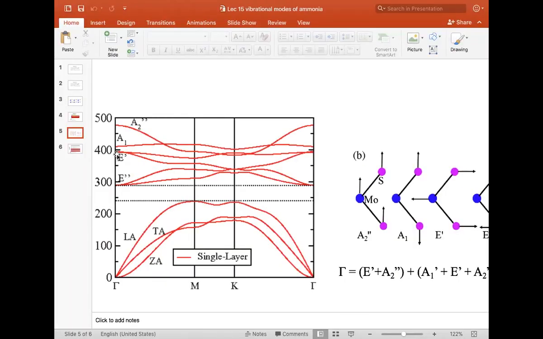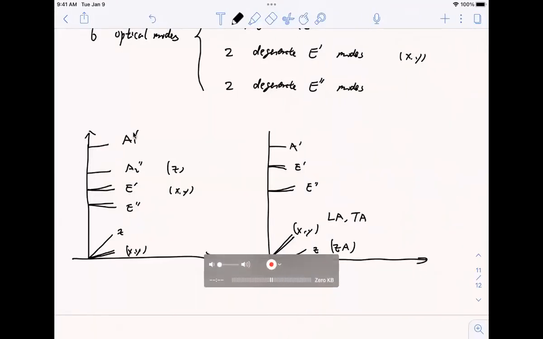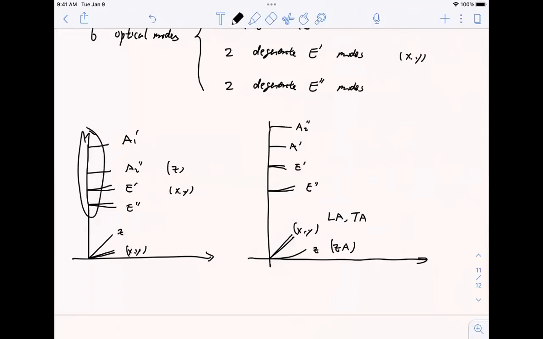And then when you go up, you have A1 prime and A2 double prime. Okay, I got it wrong: the relative position is incorrect. But group theory never tells you the relative position, which one is higher, lower. It doesn't tell you. So this relative position I just guessed. It turned out that is not correct, but I get the degeneracy properly. Okay. Is that okay? Any questions?